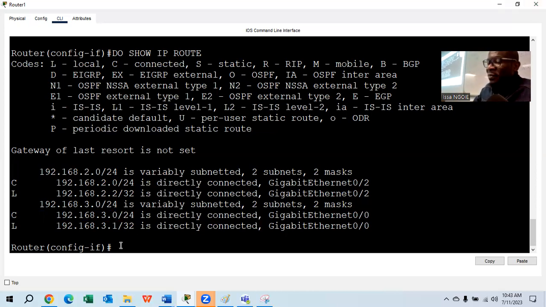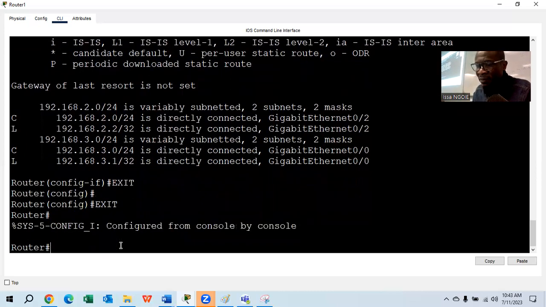Now, what we're gonna do, you can try to check the connectivity between those two routers. We can ping between those two routers. We exit first, we exit again. Let's ping the second one, .1. Ping 192.168.2.1. So I'm pinging that other interface.